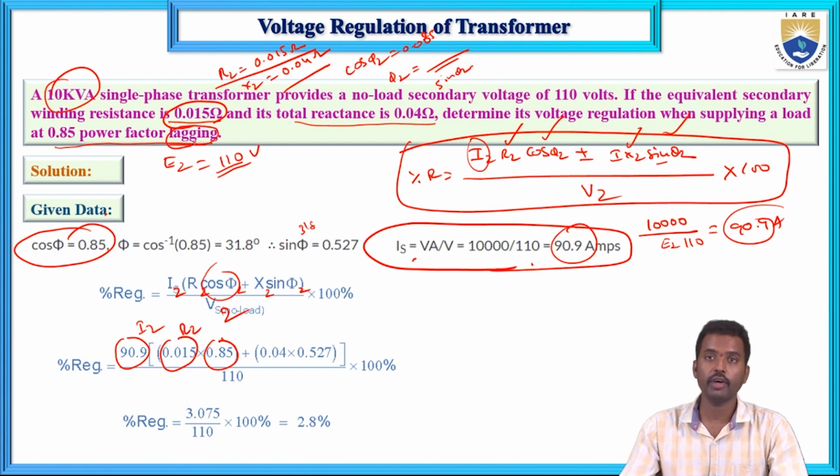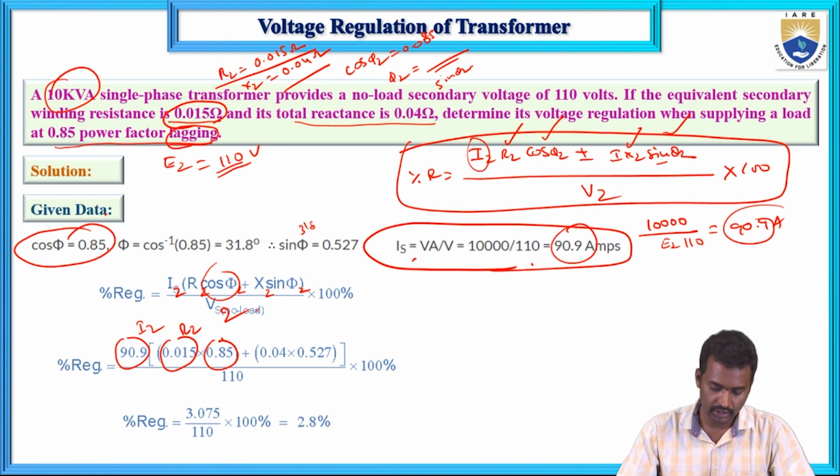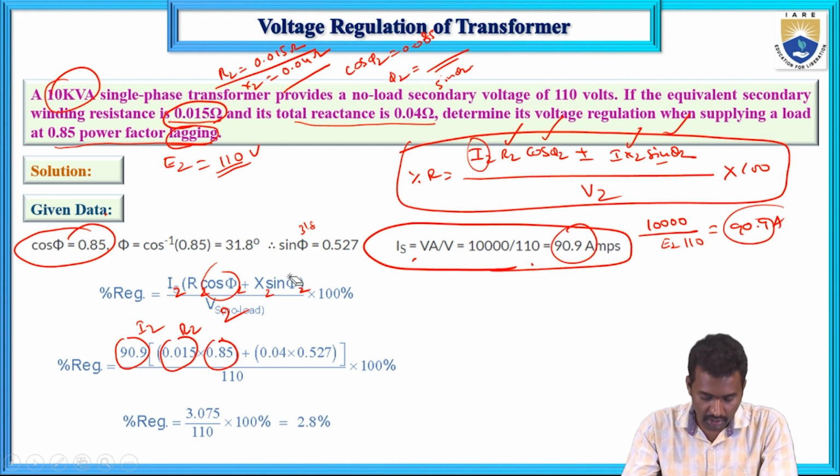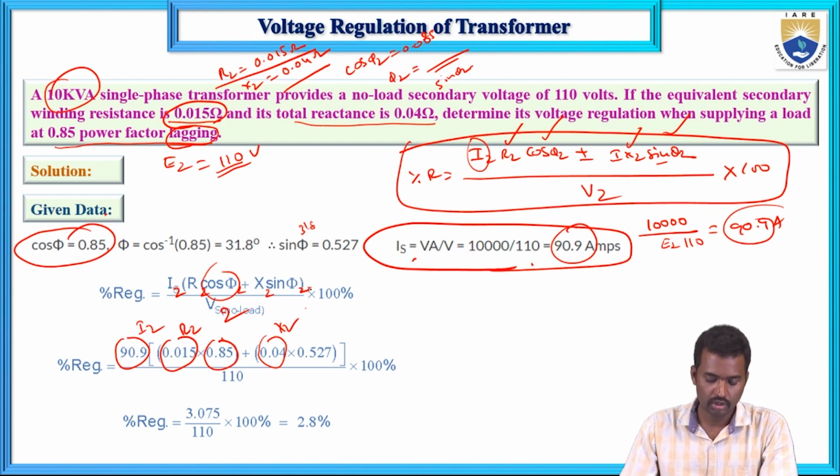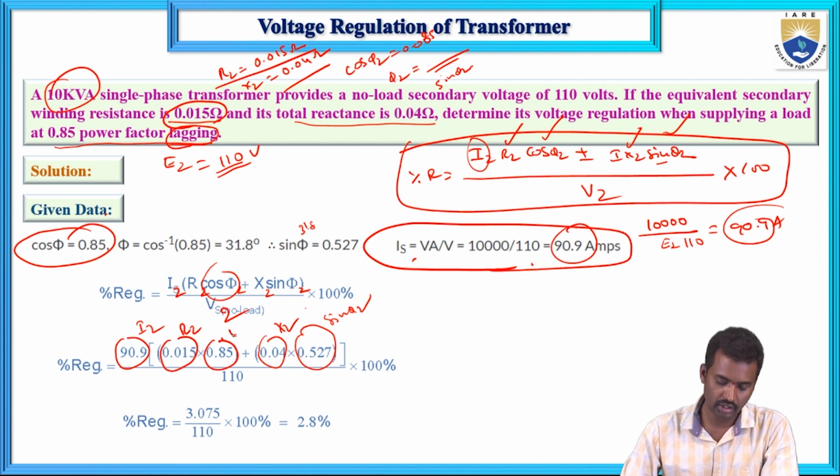For the lagging power factor case, the voltage regulation takes plus. For a leading power factor it is minus. So for lagging power factor, consider only plus. And next, this is I2 X2, and this is sin phi 2, and cos phi 2, and this is V2.